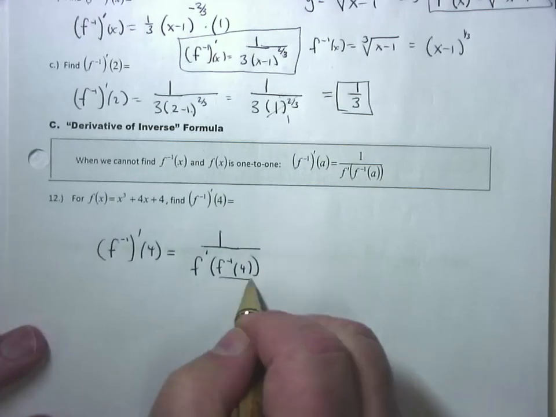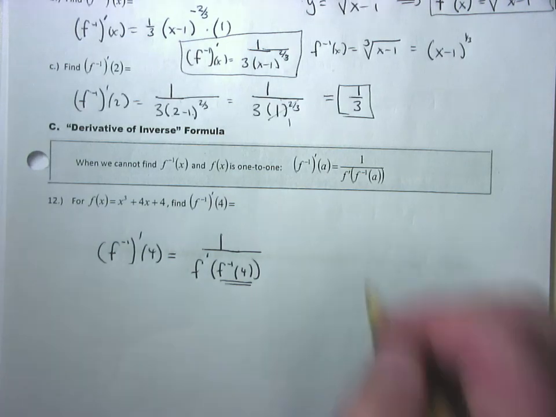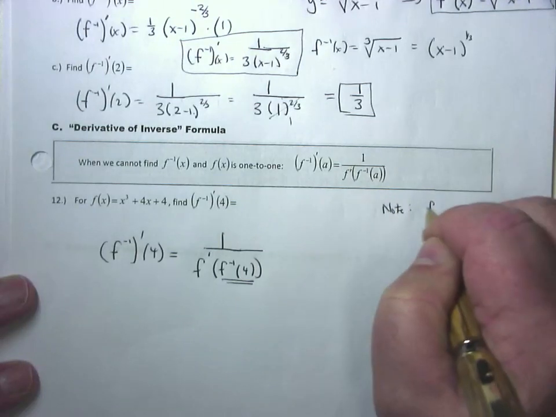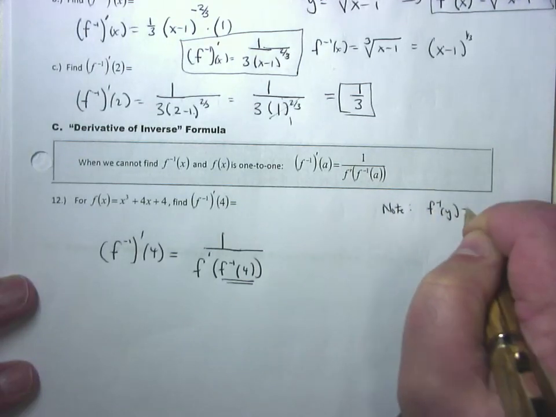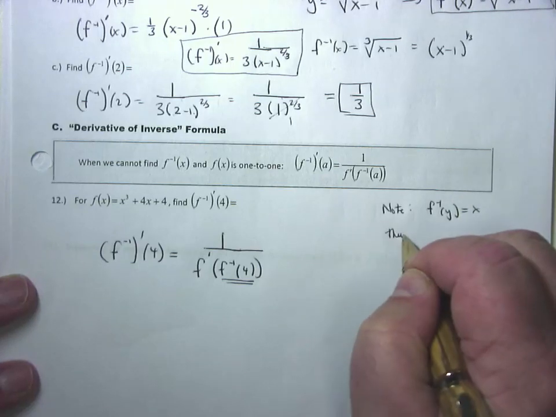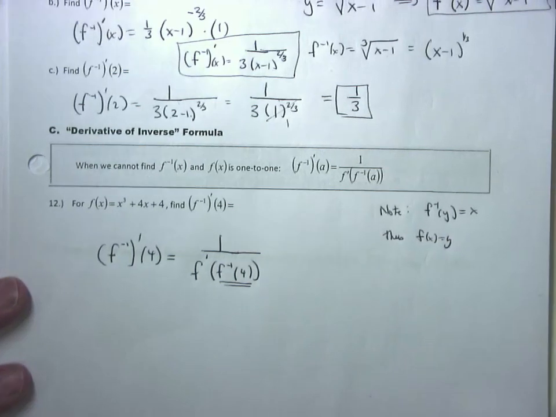To do this problem, you work inside the parentheses first. What is f inverse of 4? Just to remind you, note: f inverse of y is equal to x. Thus, you can always use f of x is equal to y. So here's the deal.